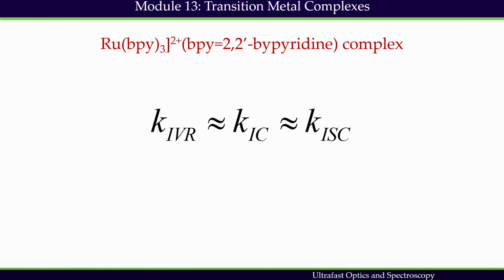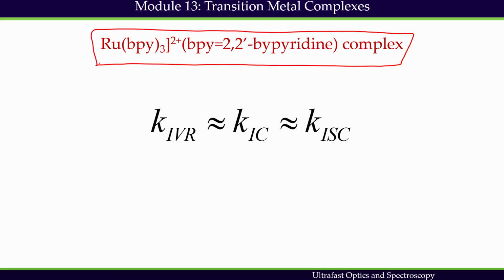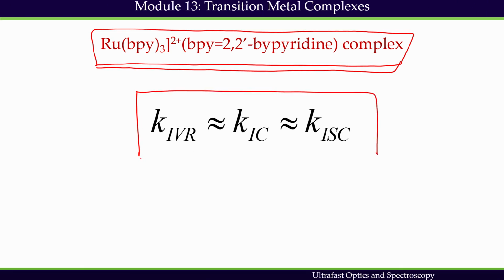Ultrafast relaxation of an electronically excited inorganic chromophore, the ruthenium bipyridine complex. What is the structure of this complex? I will show you in the next slide, but when ultrafast spectroscopy was employed to study the relaxation of this complex, with great surprise it was found that all the rate constants are competing with each other.